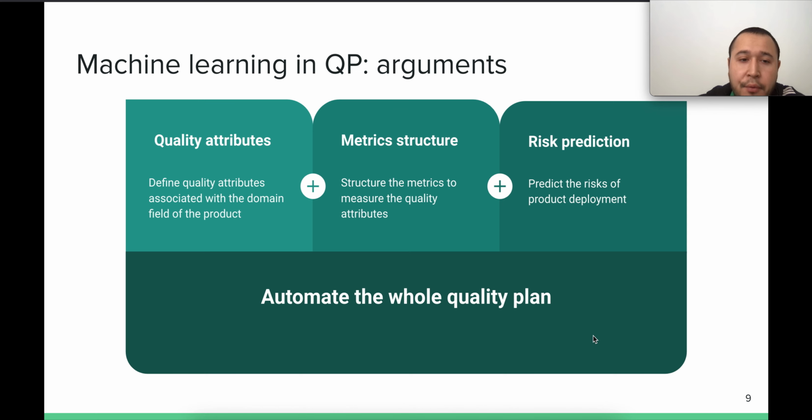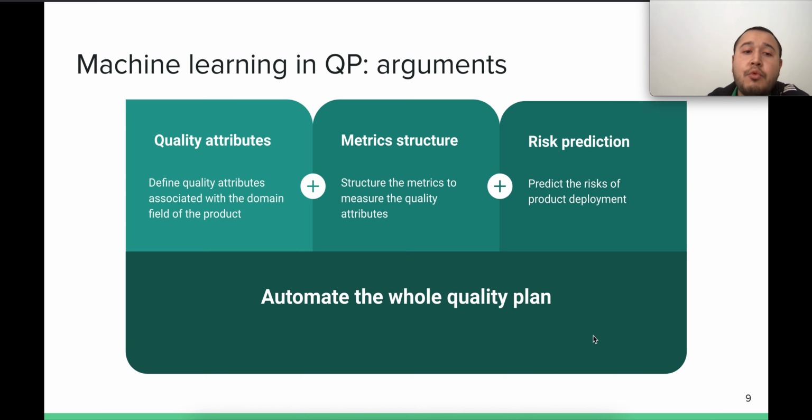We have talked about quality attributes, right? You remember: these are maintainability, security, efficiency, and so on. So first of all, we have to define these quality attributes. After we are done with this step, we have to move on to the second phase, which is the metric structure.